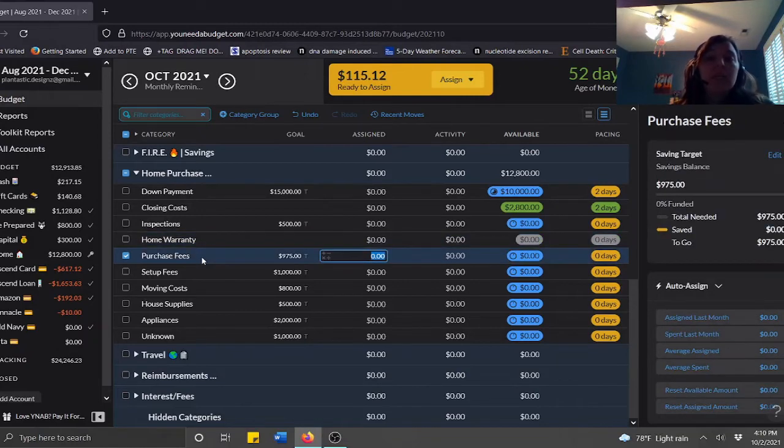Purchase fees. The bank that has already approved me for my loan said that if I buy a place, their processing fee or paperwork fee, I don't know, is $975.